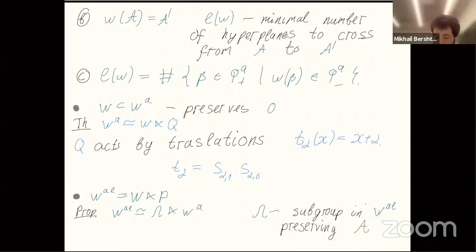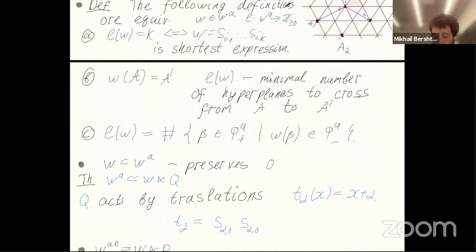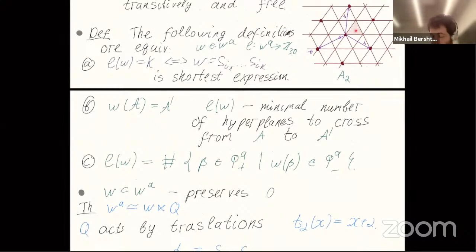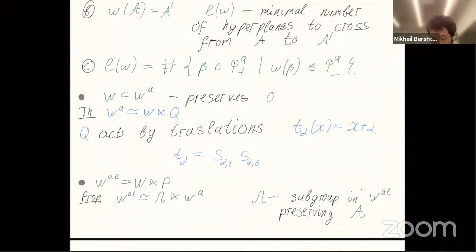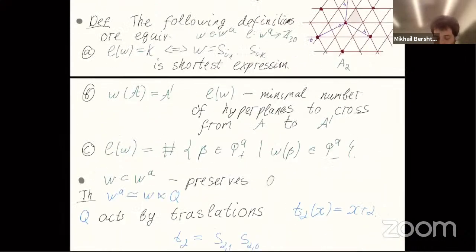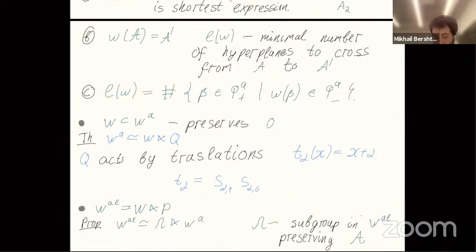As I said, any element of the affine Weyl group is uniquely determined by the alcove to which it moves the fundamental one. And this formula says that in the extended group, we already have some transformations which preserve it. And we have some symmetry problem.